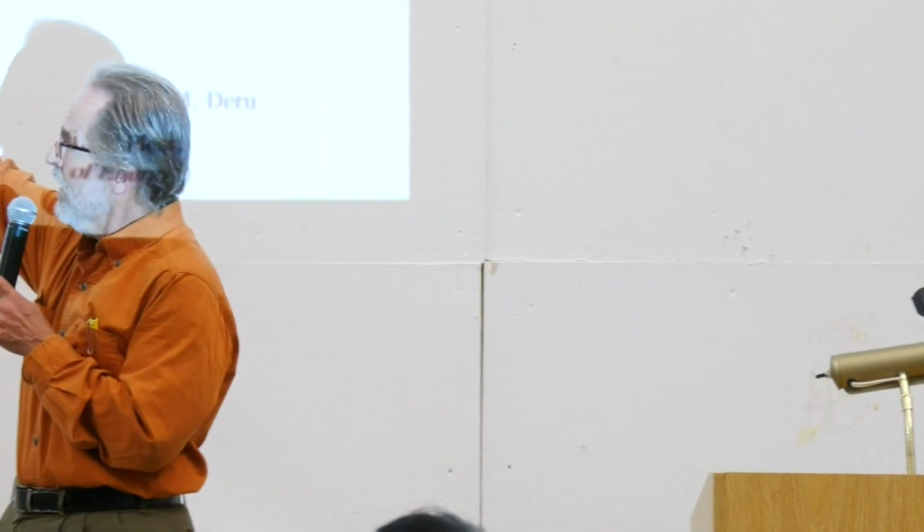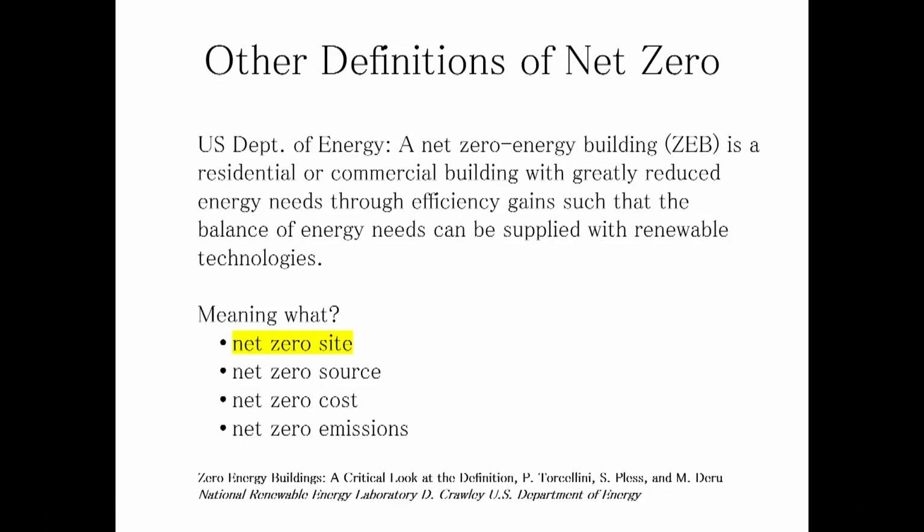As a designer, you have no control over that. So again, my point is, as a designer, you're aiming for net zero site because that's what you control. As Ryan pointed out, you control how much energy your design is going to require for the building to operate, and then you can control how much renewable energy you can put on the building.